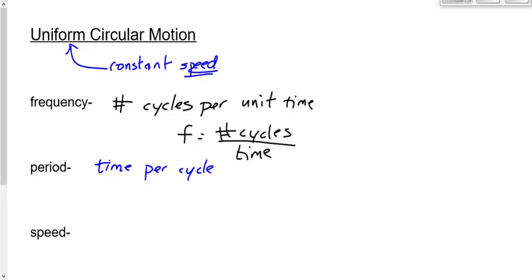Now the symbol for that is a capital T. Up until now we've seen time as a lowercase t, and it still is. But lowercase t represents any amount of time, just general time. Big T specifically means time per cycle, the time for one cycle. So we're going to write an equation for that: time over the number of cycles. Again, that one's not on your data sheet either, but it comes from the definition. So if you remember the definition, you should be good.